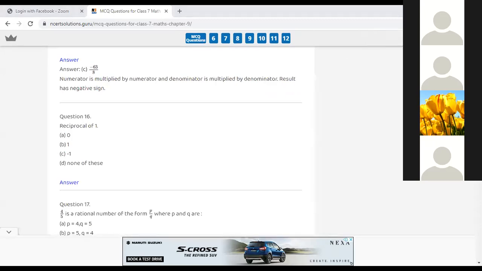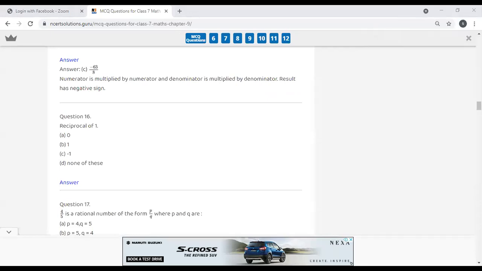Ma'am, 0. No. Can you make the reciprocal of 0? It's not defined. Reciprocal of 0 is not possible because 0 upon 1 is the number. When you make the reciprocal, it will be 1 by 0, which is not defined.